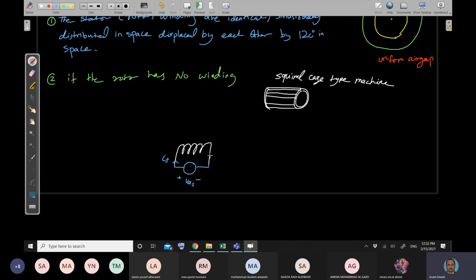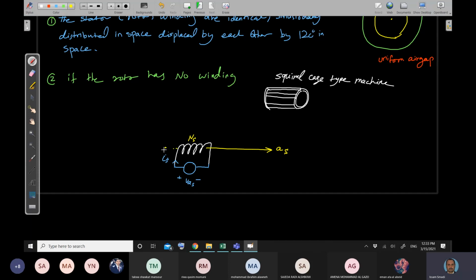According to the right-hand rule, it will point toward the X, which we call AS. All the time, the MMF generated by the AS coil is pointed toward the AS.